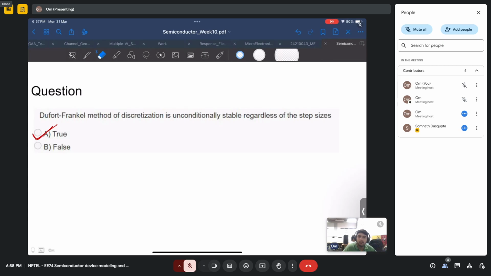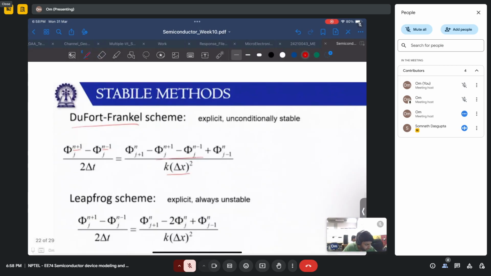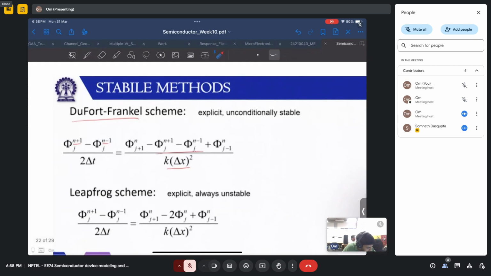I don't know why it is true, it is just for information. It is not discussed in the videos why it is always stable, but maybe it's one of the numerical techniques that has some mathematics behind it. I don't know that mathematics, but it is always stable.